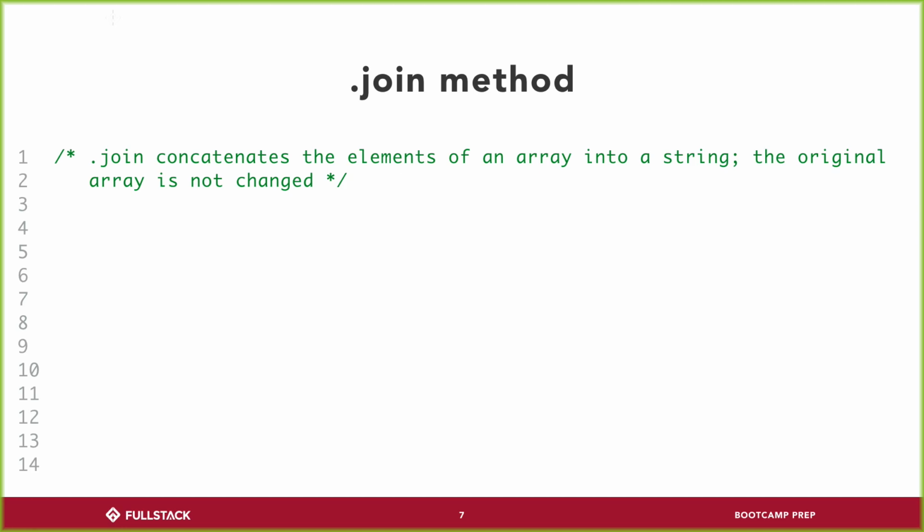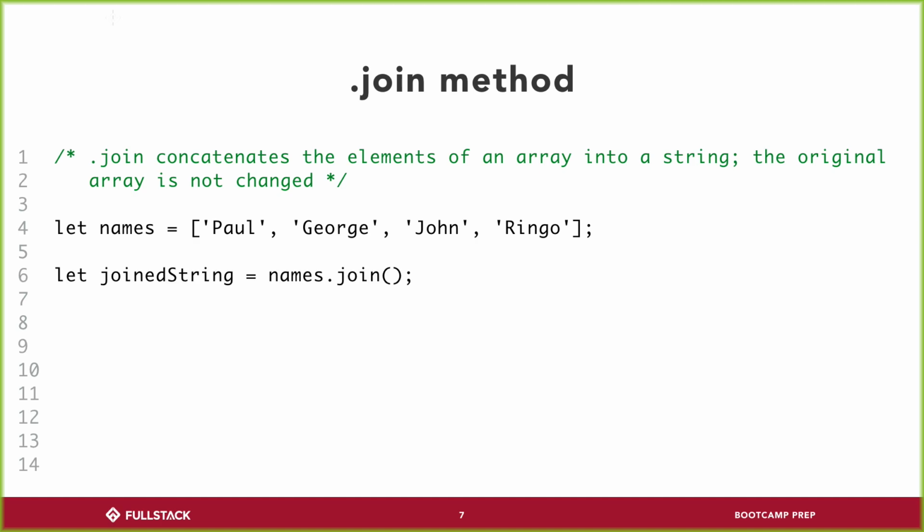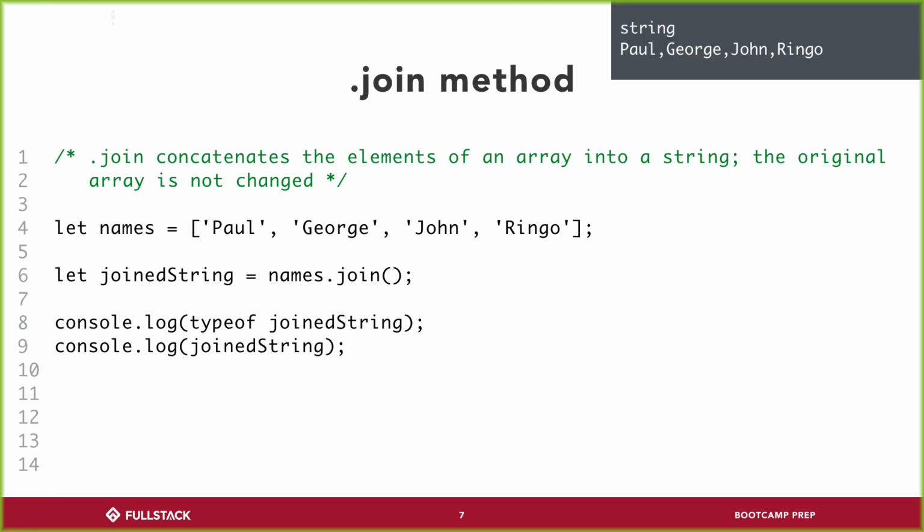So yeah, join is also important. I always forget this one too, but I think it would be helpful to definitely commit this to memory, because this kind of thing happens a lot where essentially you want to turn an array into a string. So if you do names.join, it just concatenates all the elements into a string, and it just mashes all of the elements together.